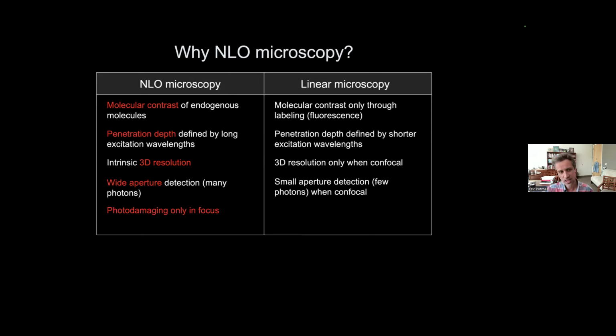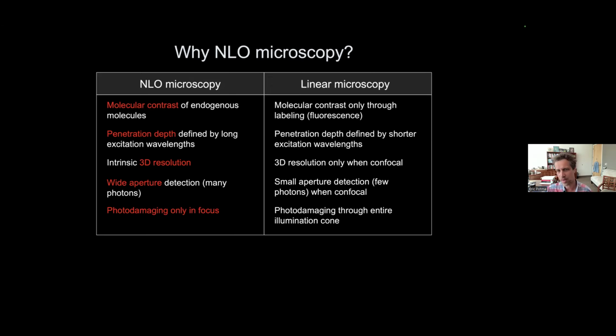An interesting thing is that the photodamaging effect, because you will always have to contend with photodamage in any kind of experiment, is more or less confined to the focal region, because we don't excite molecules outside of that region.